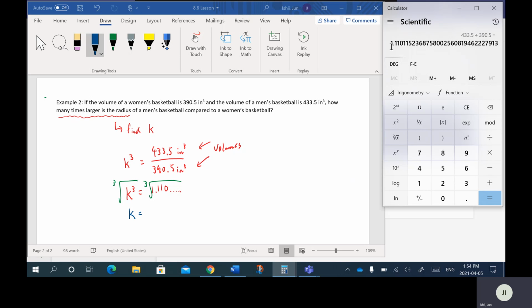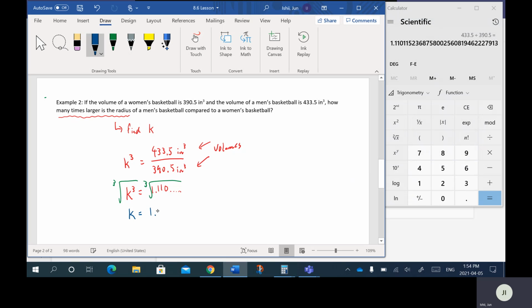That was k cubed, and now to take the cube root, k is also equal to that to the power of one third. This is a bit of review that you may have learned last year: the cube root is the same as a fractional exponent of 1/3.